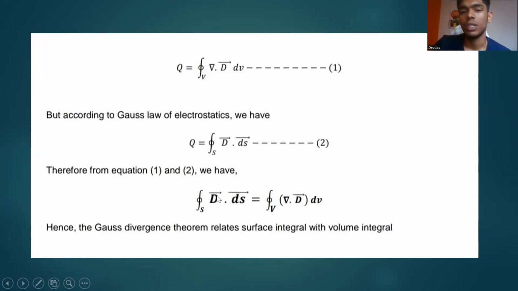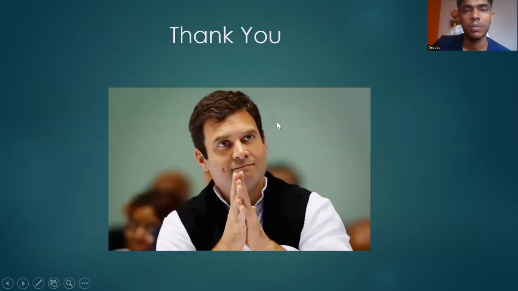So from these two equations, we get this final formula, which is the Gauss divergence theorem. Basically, this is the scalar product, and this that we use over here is the divergence of the vector D. So this is how we use divergence of vector in physics on the topic of the Gauss divergence theorem.